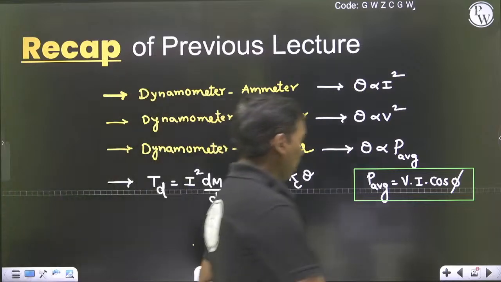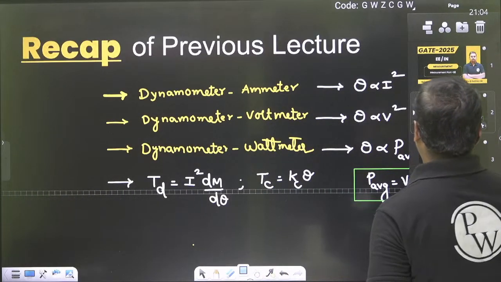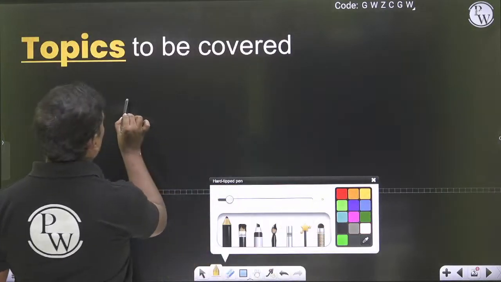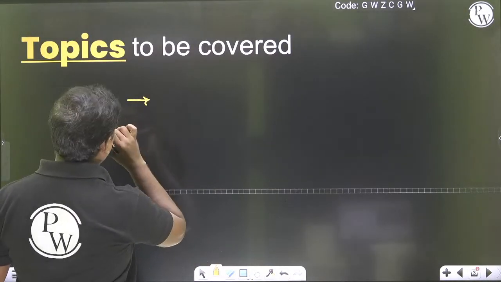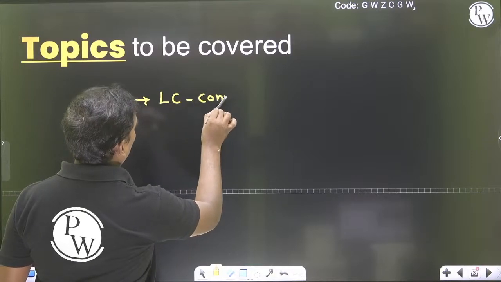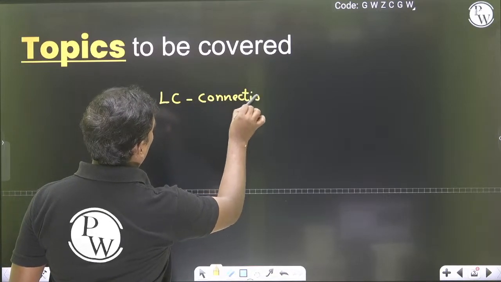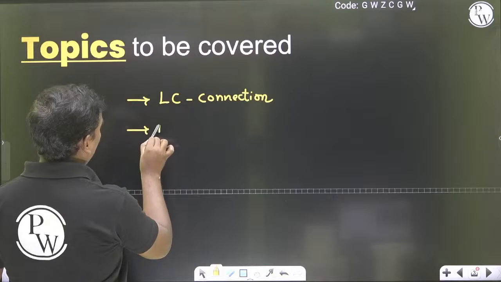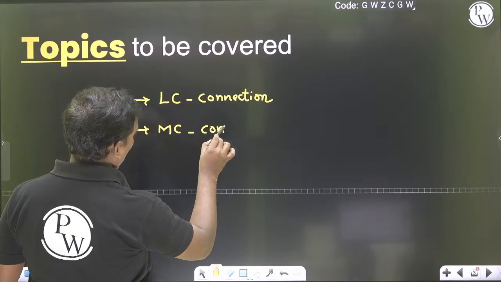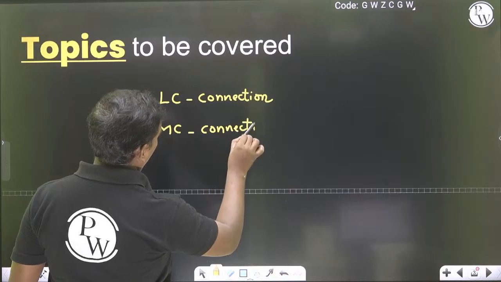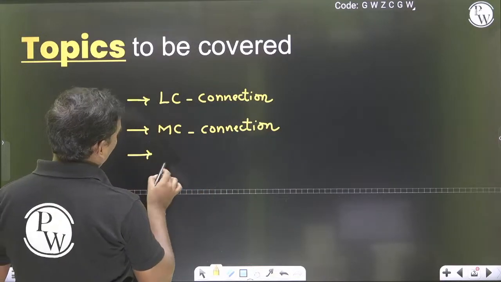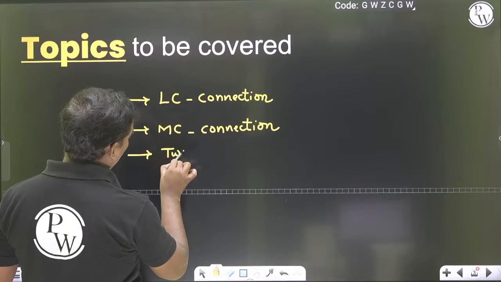So let us go for today's lecture topics to be covered. Today I want to discuss three-phase power measurement. First of all, I want to discuss the LC connection, MC connection, next I will go for the two-wattmeter method.